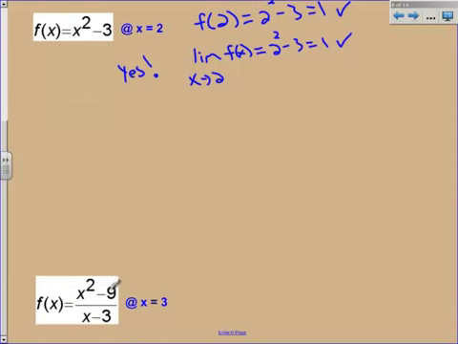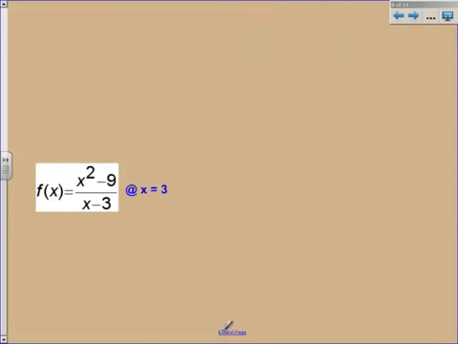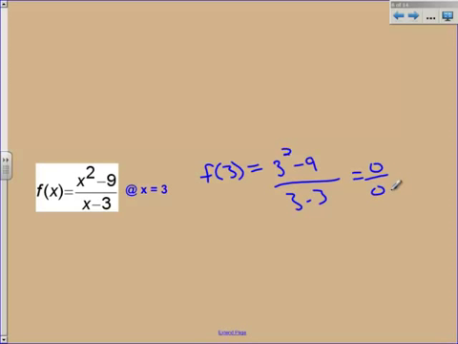What about this example down here? What is f of a, or f of 3? Well, f of 3 is 3 squared minus 9 over 3 minus 3, and we get 0 over 0. And that is indeterminate. And in this example, f of 3 does not exist. That means you're going to have a hole in your graph.